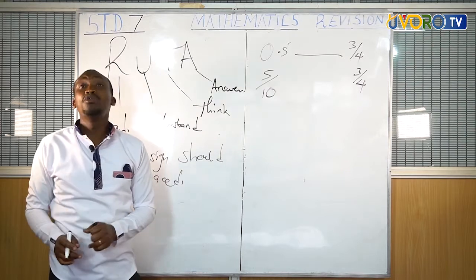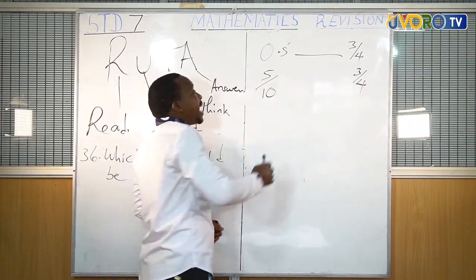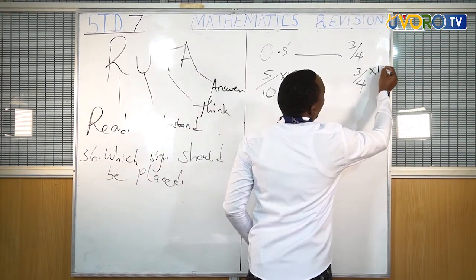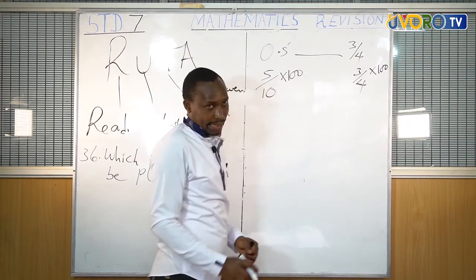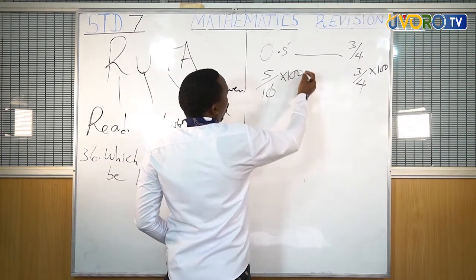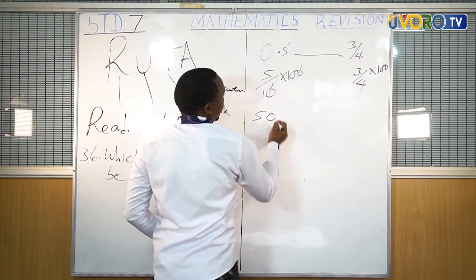How can we know which one is greater than the other? You just multiply by 100. Class 7, come on. 5/10 times 100 is 50.